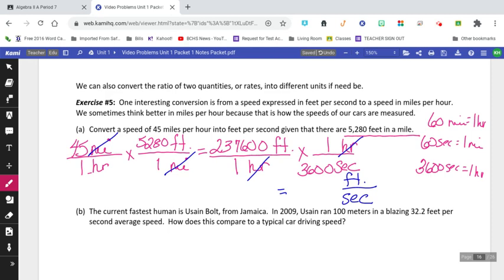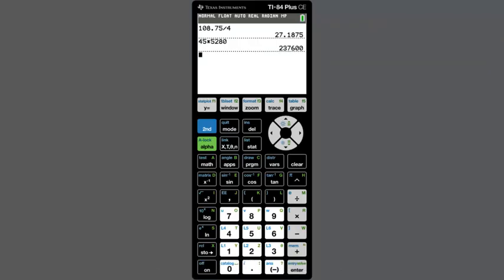And now we have to do the calculation. So again, if you look here, you can do 237,600 times 1 over 3,600. That's fine. Or you could just divide. This time I'll multiply.